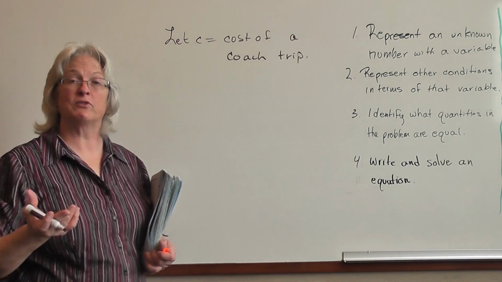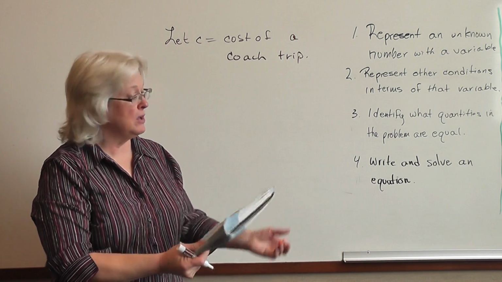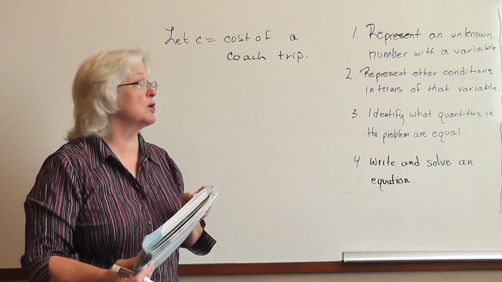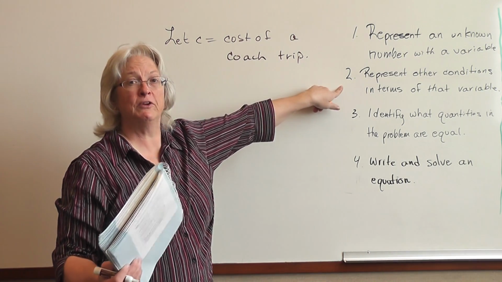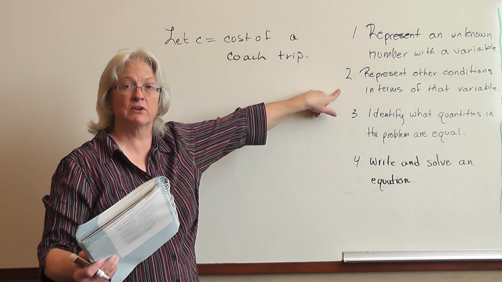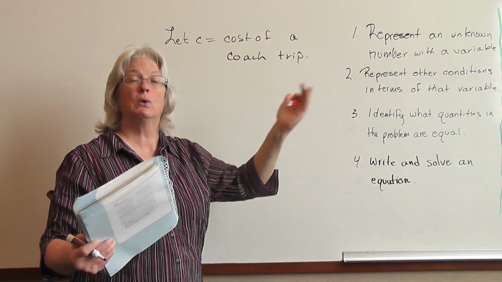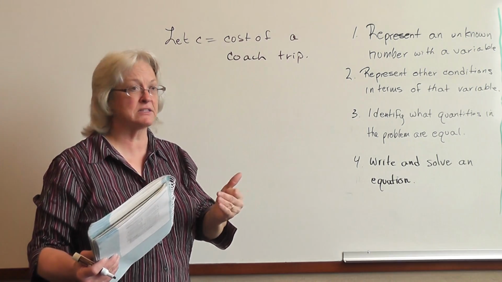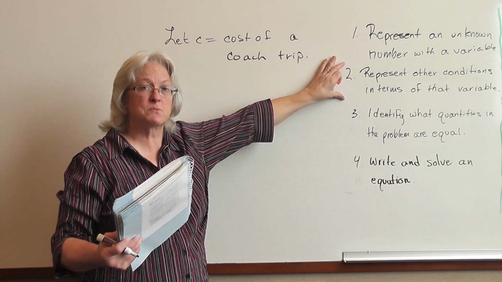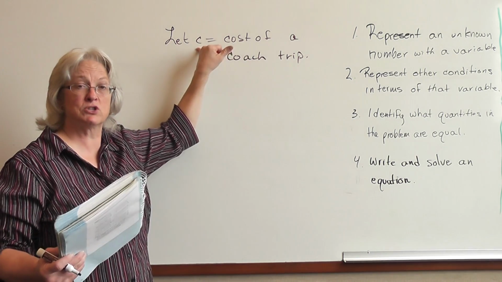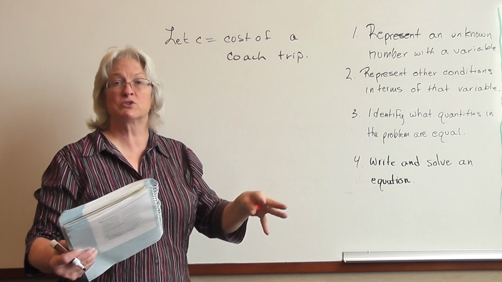What other pieces of information do we have in this word problem? Well, if you look in here, you see that it says a first class ticket costs 150% the price of a coach. So this is where we have another condition in the variable, which is the cost of a first class ticket, it's being expressed in terms of the cost of a coach ticket. So what is 150%?